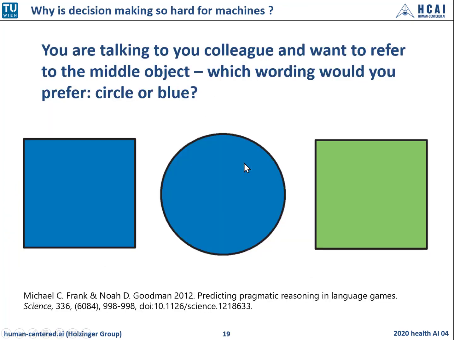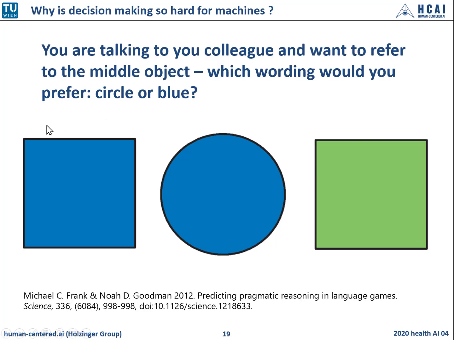Okay, so why is decision making so hard for machines? I give you an example, and I spoil it now, because machines are lacking this contextual understanding, and this very simple experiment by Frank and Goodman will make that clear to you.